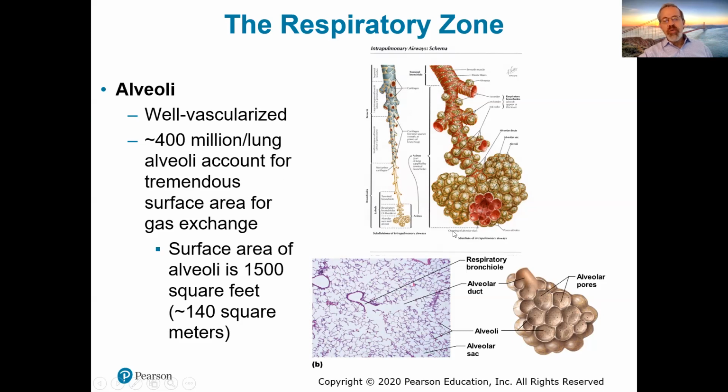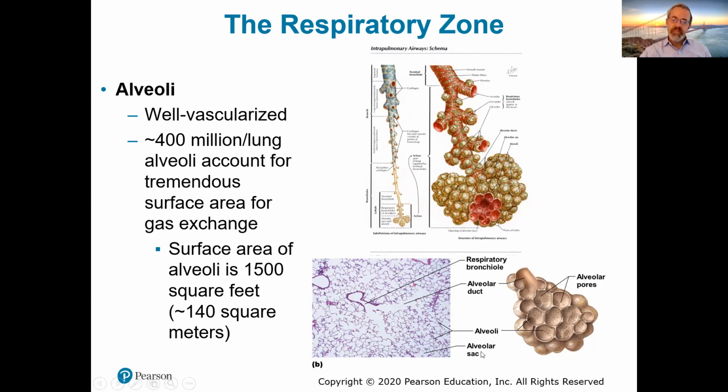If you were to calculate it out, the surface area of the alveoli is about 1,500 square feet, roughly 140 square meters, which is a lot. You've heard stories about how far DNA would go if you stretched it. The reason you don't see it at first is because it's all folded. It's because of this branching and grapes that you don't actually see the extent of the surface area.